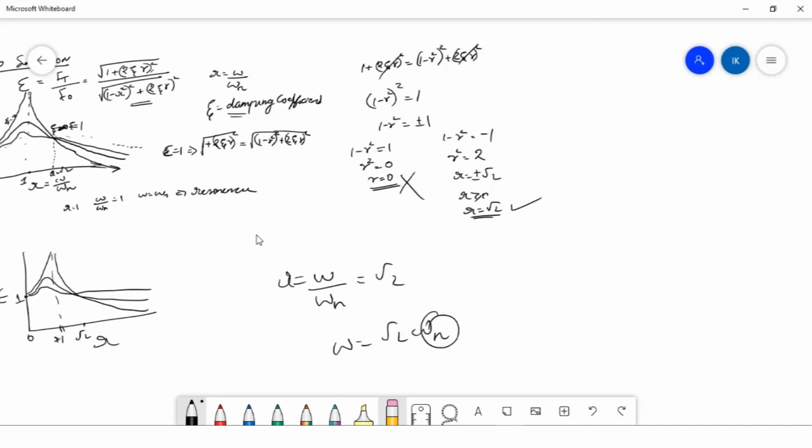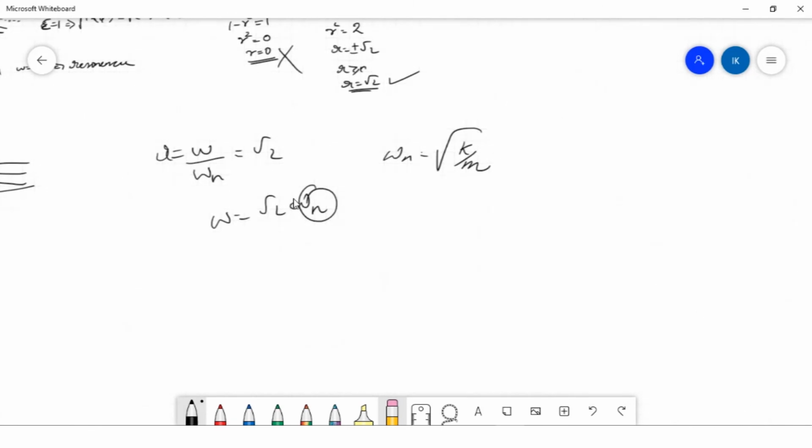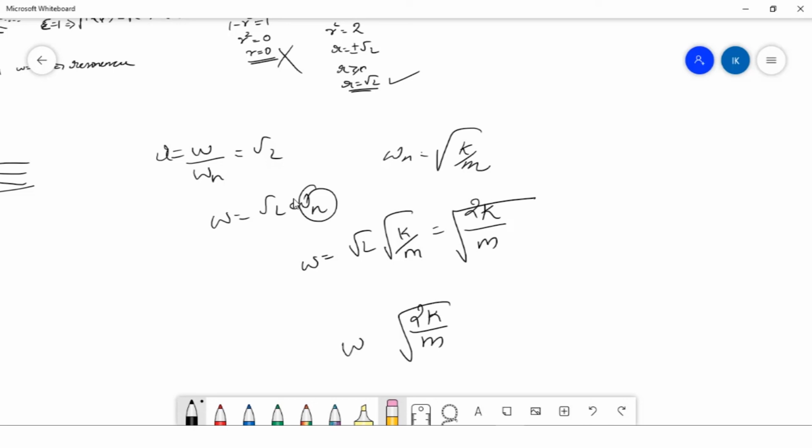And omega n is nothing but the square root of k by m, which we know. So omega = √2 times √(k/m), and if you take the √2 inside, you get √(2k/m). So the answer is omega = √(2k/m), at which transmissibility equals 1.